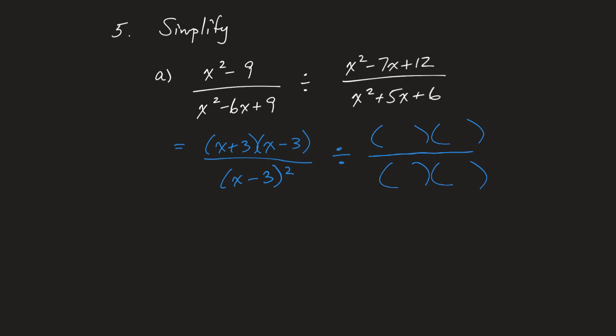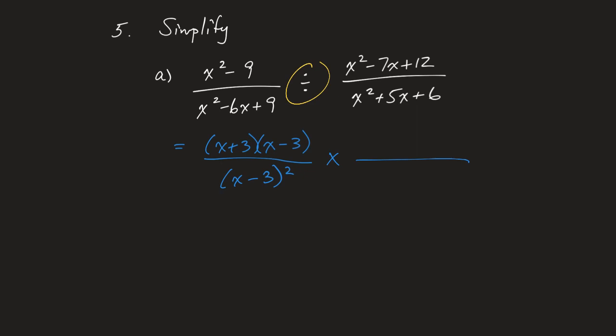So my suggestion to you is rather than write down your division symbol blindly and then factor the second one, how about we jump in and we factor the second fraction? However, I know that to divide fractions means that I'm going to flip and multiply. Then why don't I multiply by the reciprocal right now?